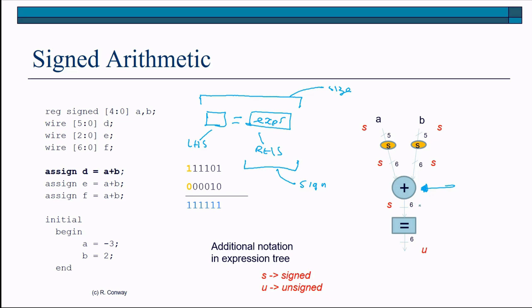So for the arithmetic operation, only the right hand side determines the sign. The way it works is that only when all operands are signed is it a signed operation, and a signed operation produces a signed output.